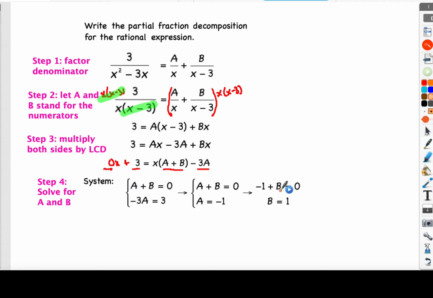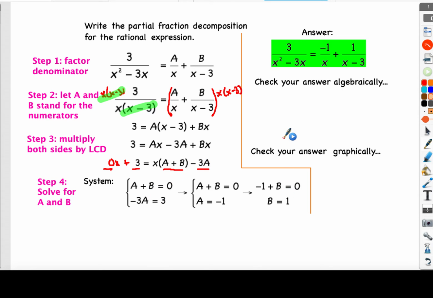Again, just solving the system here. Once you've got your system set up, you're just solving the system. Coefficient equals coefficient, constant equals constant, solve the system, and we would have an answer. Then that says our original fraction is equal to a over x, so negative 1 over x, plus b over x minus 3, 1 over x minus 3.